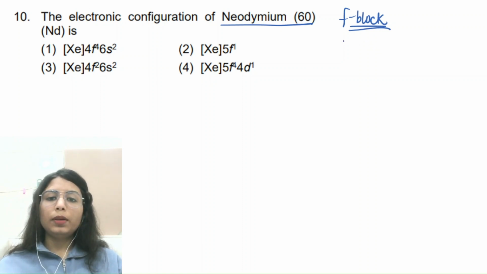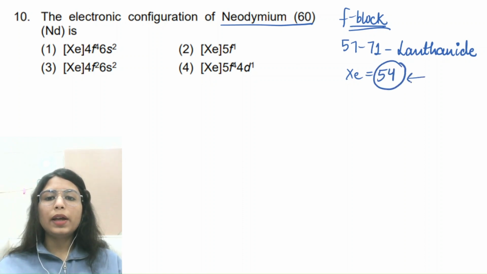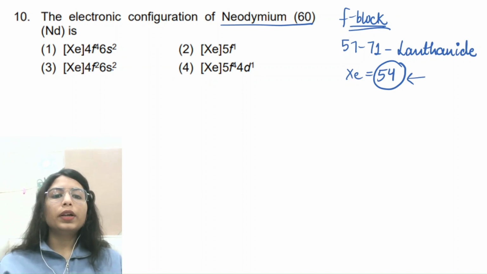Elements 57 to 71 come under the first series, the lanthanide series, right? Xenon has an atomic number of 54. All you need to do is remember the atomic number of xenon. Even then, you can directly eliminate the given options and find the configuration. So xenon has atomic number 54.